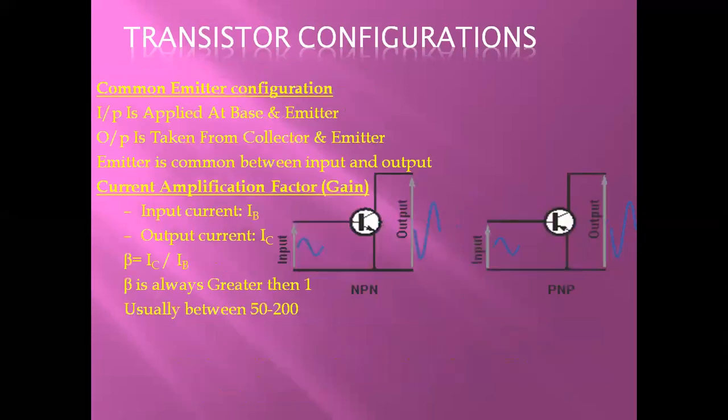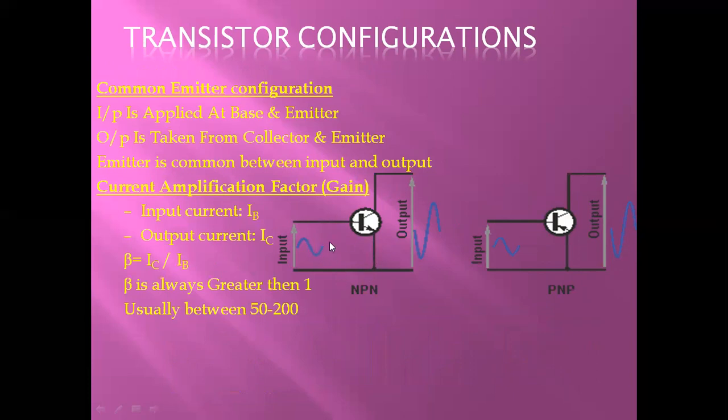In the case of the common emitter configuration, the input is applied at the base and emitter. This is the base and this is the emitter.